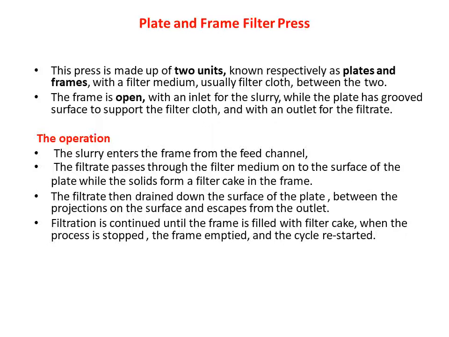Then we are going for operation. The slurry enters the frame from the feed channel. The filtrate passes through the filter medium on to the surface of the plate while the solids form filter cake in the frame. The filtrate then drains down the surface of the plate between the projection and the surface and escapes from the outlet.